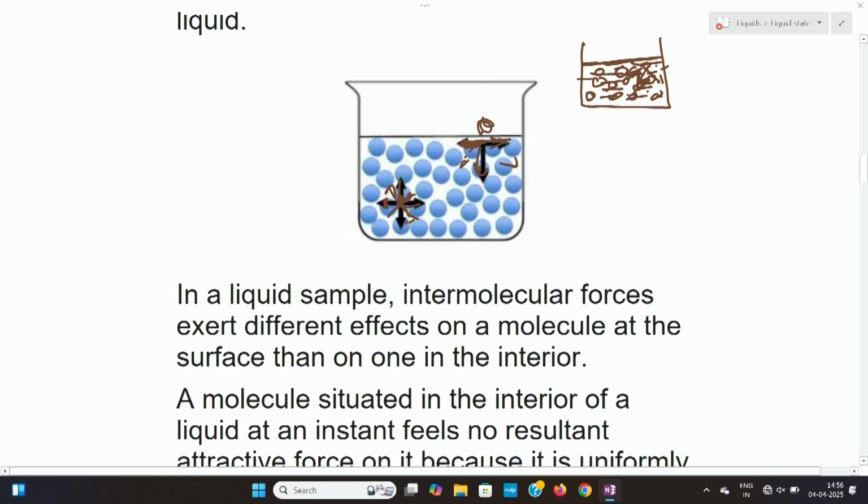Therefore, the molecule has some inward pull. Because of this inward pull, the surface molecule experiences some tension, and that is called surface tension.